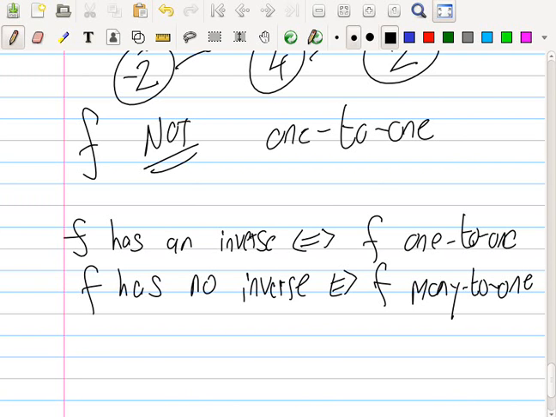So if a question asks you does this function have an inverse, that is just another way of really asking you, is this function one-to-one or is it many-to-one?